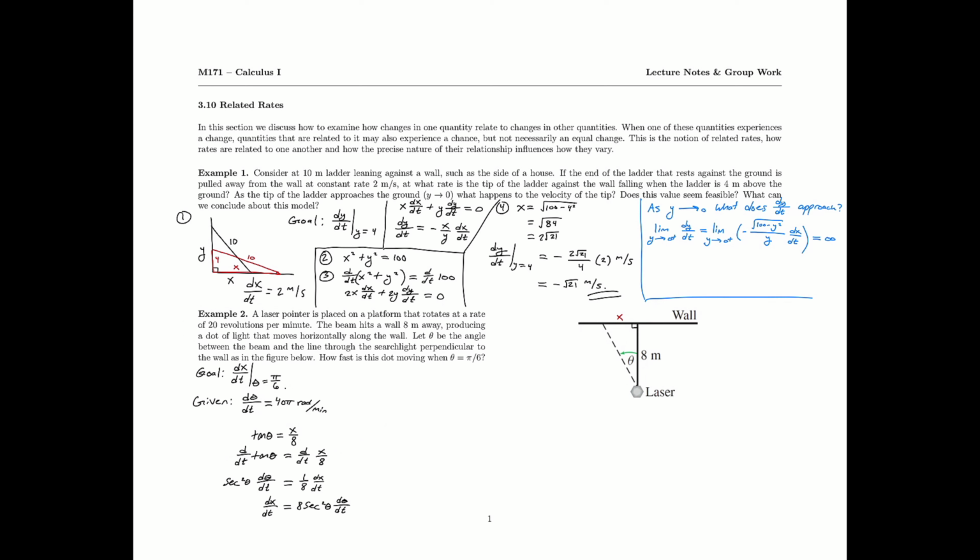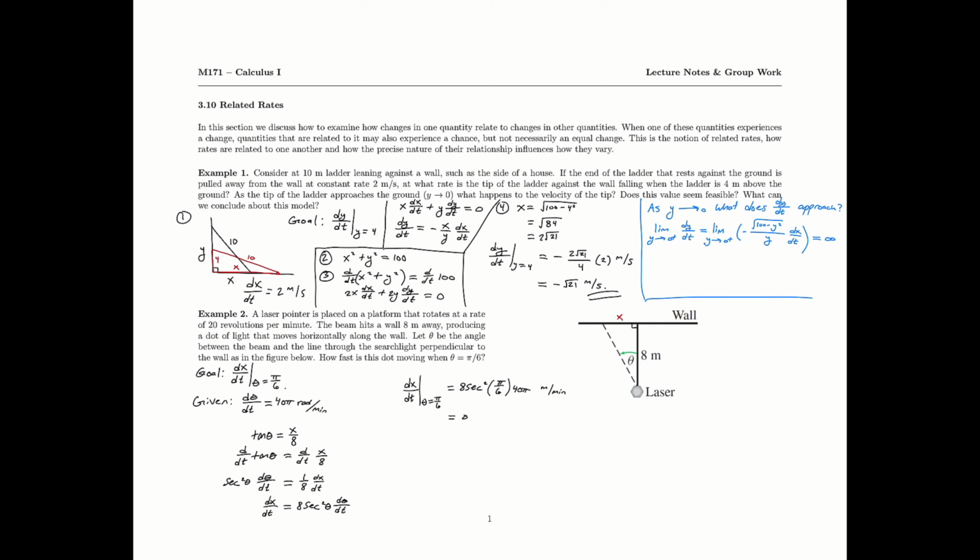So let's do this over here. dx dt, when theta is pi over 6, is equal to 8 times the secant squared of pi over 6 times our 40 pi, and in this case, that's meters per minute.